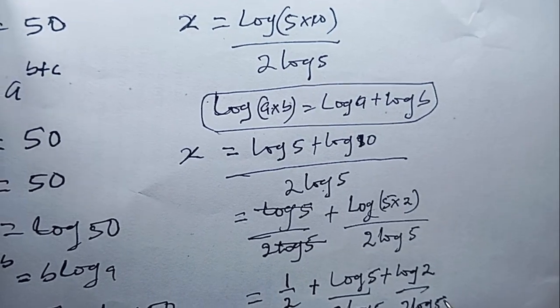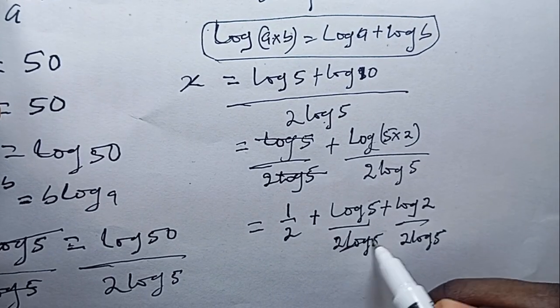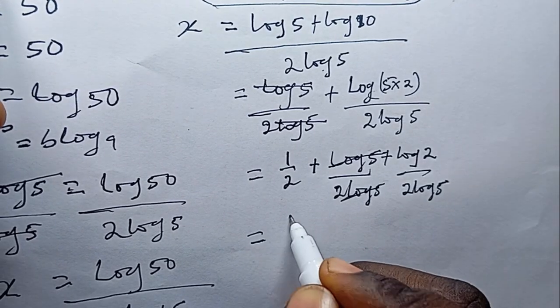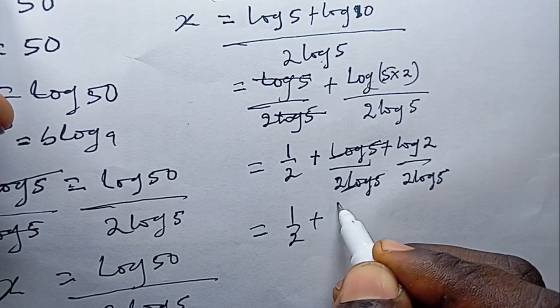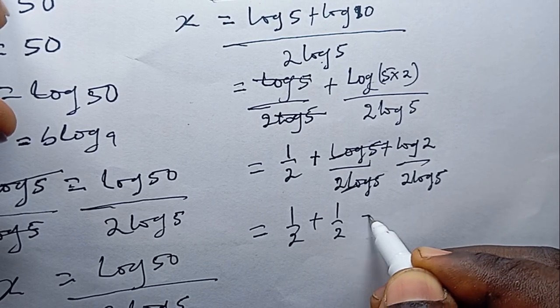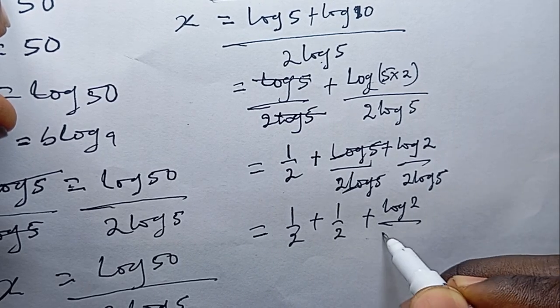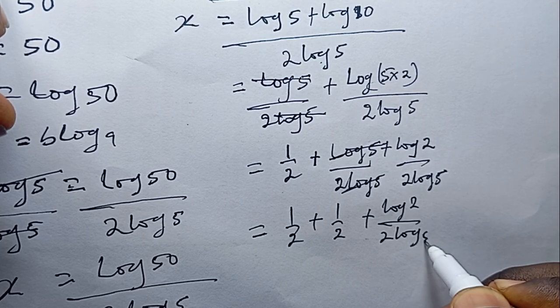When I do that, this will cancel this, and I'm going to have 1 over 2 plus 1 over 2, and then plus log 2 divided by 2 log 5.